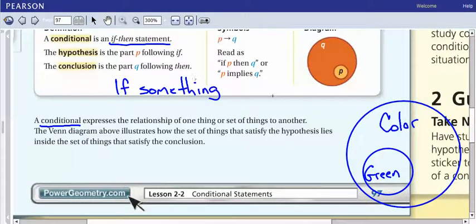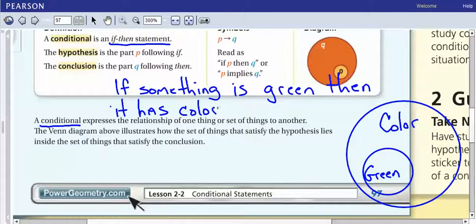If something is green, then it has a color. Okay? Something is green, then it has color. So that's working from the Venn diagram backwards to a conditional statement.